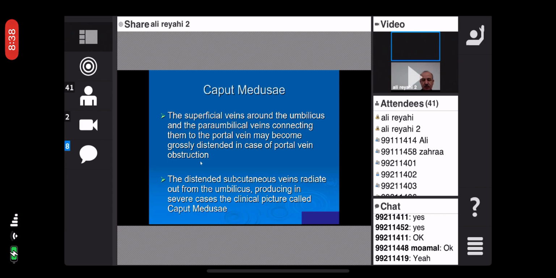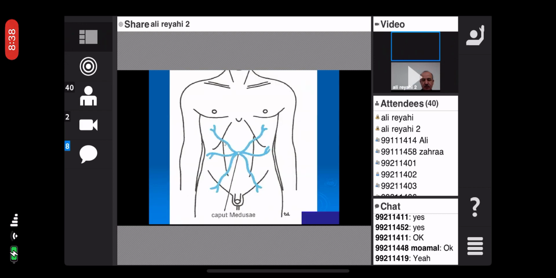In portal vein obstruction, the portal vein becomes obstructed by some material, for example, a clot. The venous blood becomes larger around the umbilicus, and this forms a picture called caput medusa, like this picture.